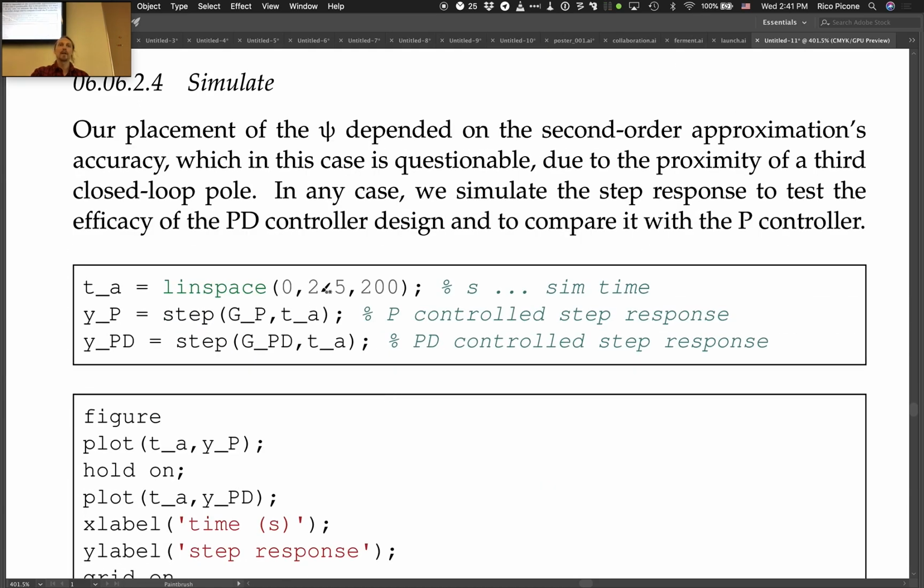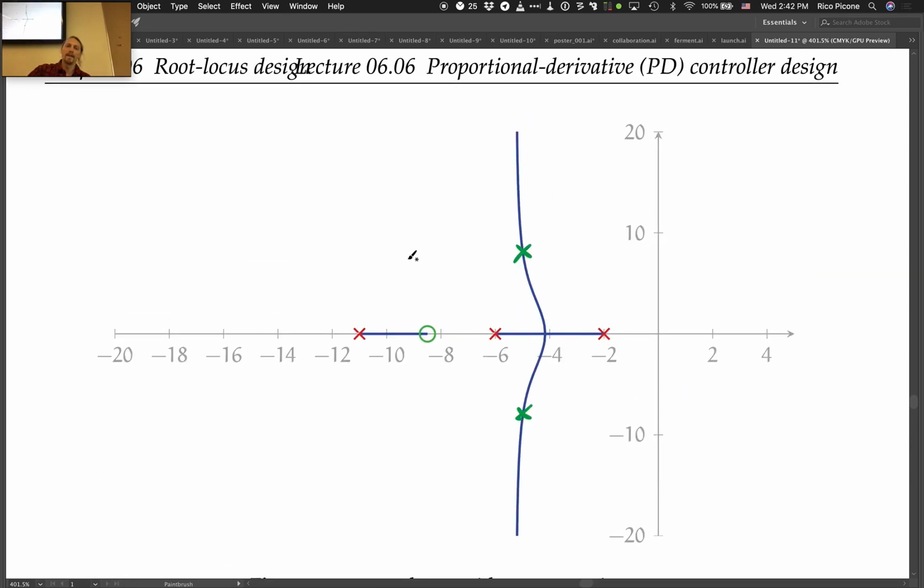So our placement of psi depended on the second order approximation's accuracy, right? We know we got psi right out of the money, but we don't know if the second order approximation is good, especially because there's a proximal third closed loop pole. So there is this pole pair, but remember, we don't get to decide where this other pole is.